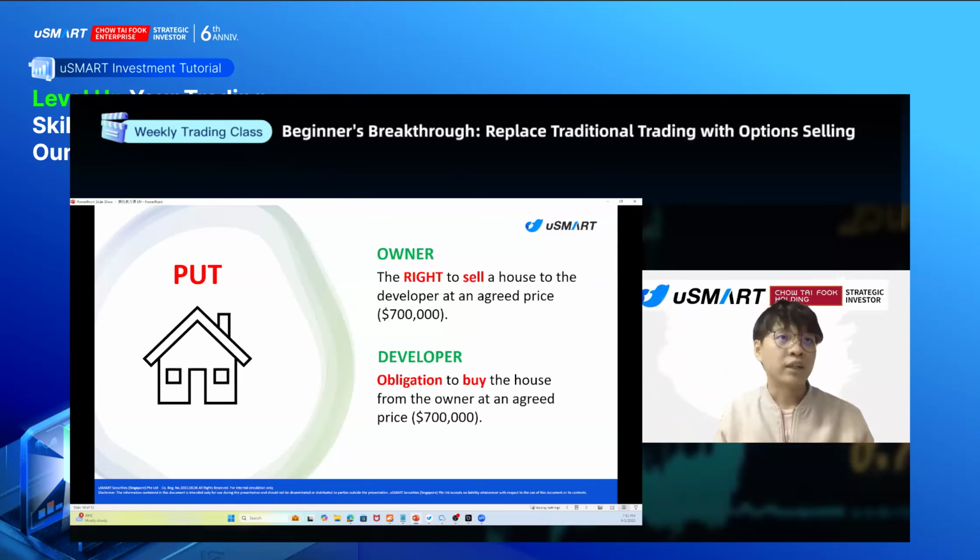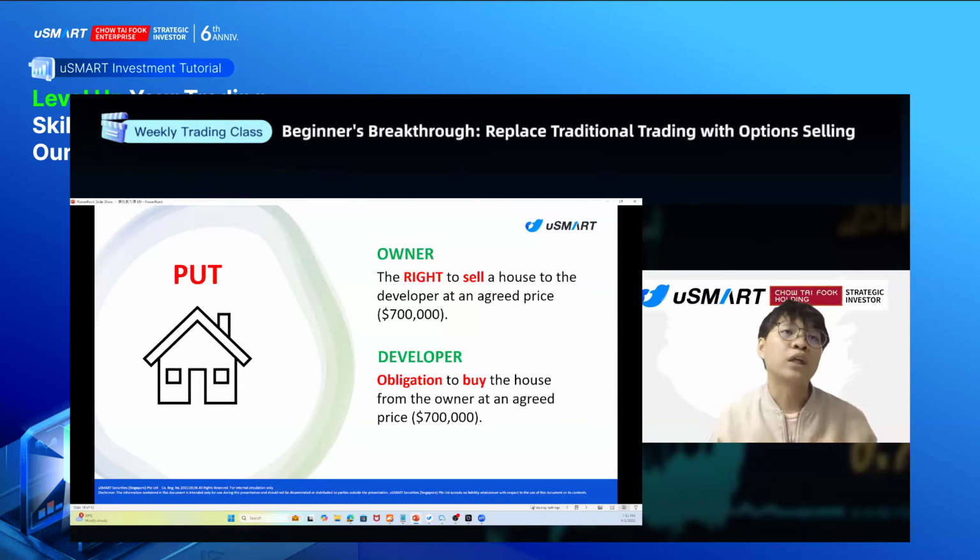So right now, I am the property owner and I have the right to sell a house to the developer at the agreed price. So this one is actually to secure the minimum value of my property. So the developer has the obligation to buy the house from the owner at the agreed price. So let's say for now, my property is actually worth like $1 million.